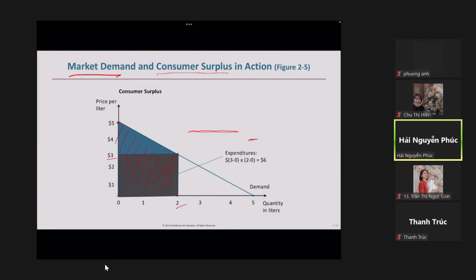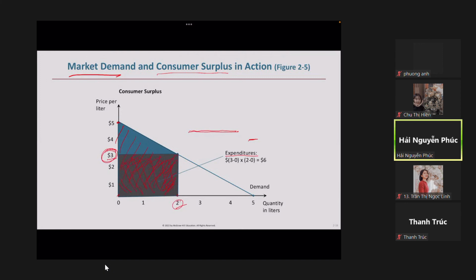What is the expenditure? The expenditure is this gray area, this rectangle. Here's the quantity, and we simply take the quantity times the price. It is the cost of buying the good.